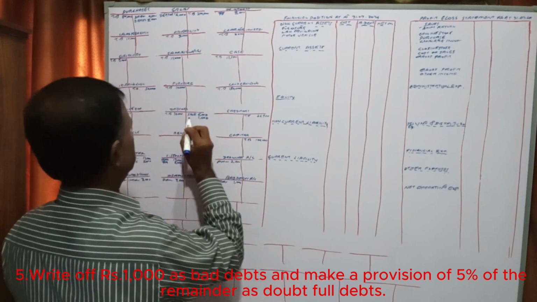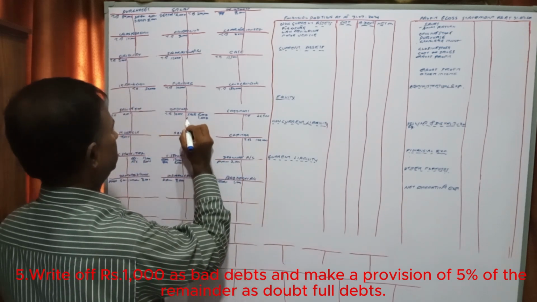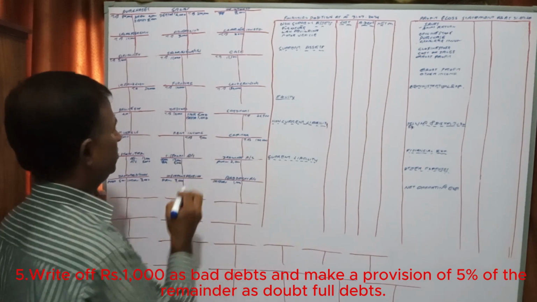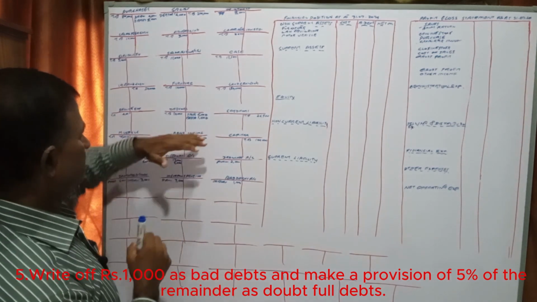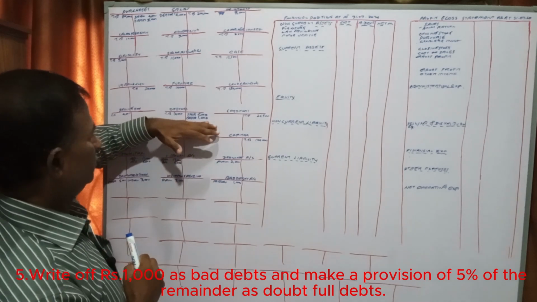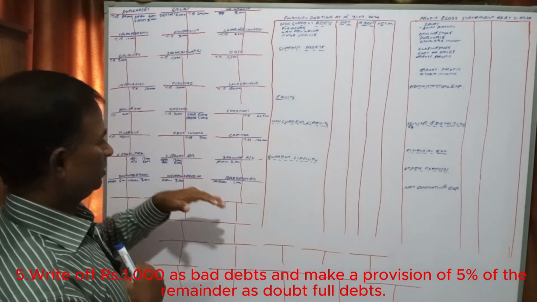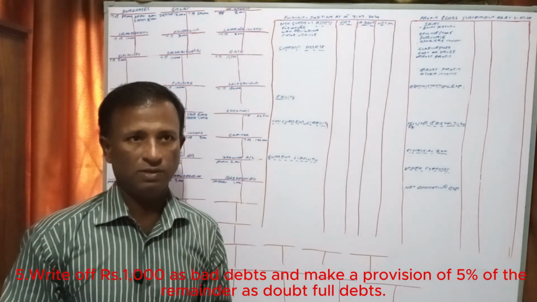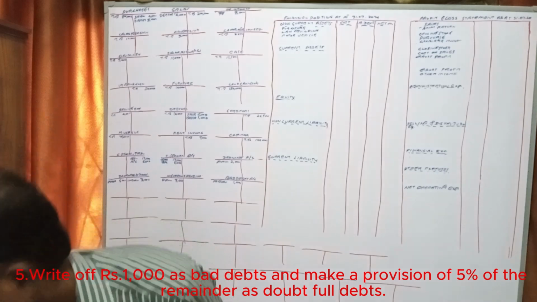Here you said bad debts because we have removed the debtors 1,000 and we have inserted to the bad debts account debited 1,000, right? Because he became a bad debt.